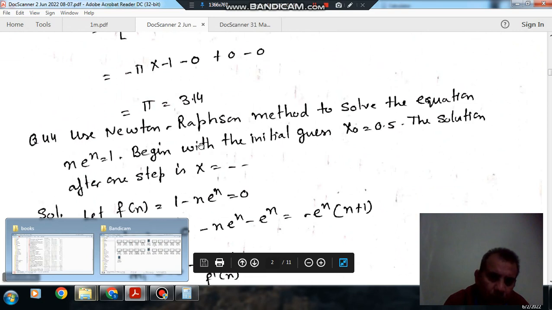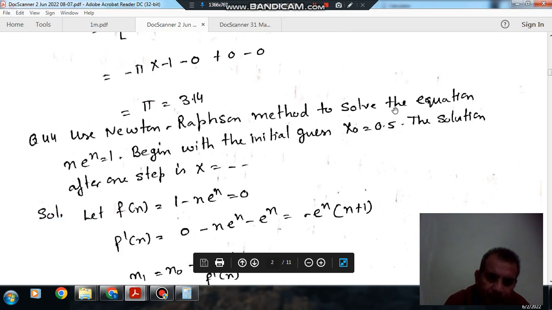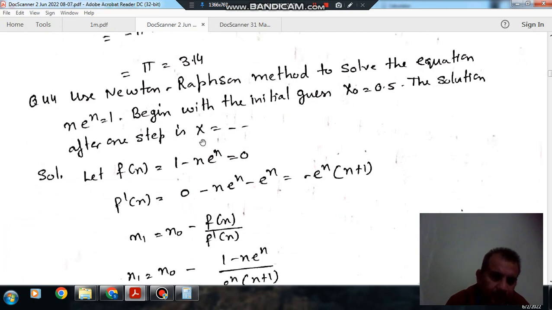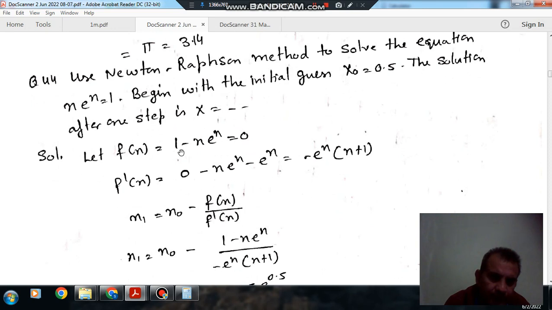Next, use Newton-Raphson method to solve the equation x e^x is equal to 1. Begin with initial guess x naught is equal to 0.5. The solution after one step is x1 equal to dash. So f(x) is 1 minus x e^x equal to 0.